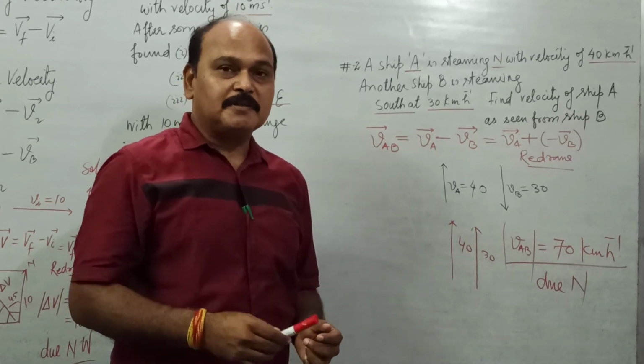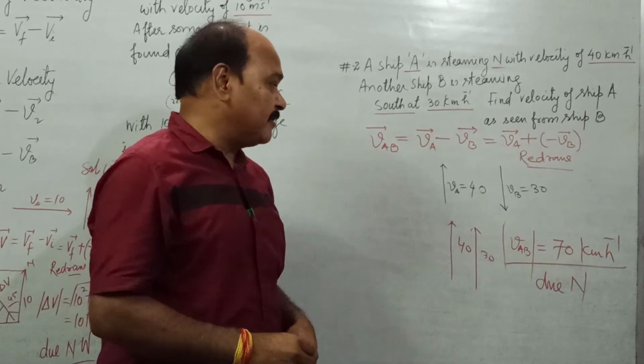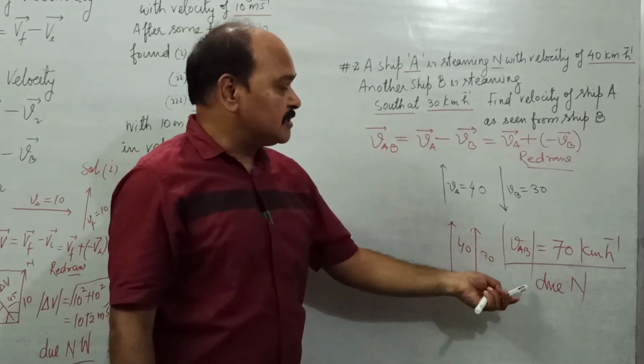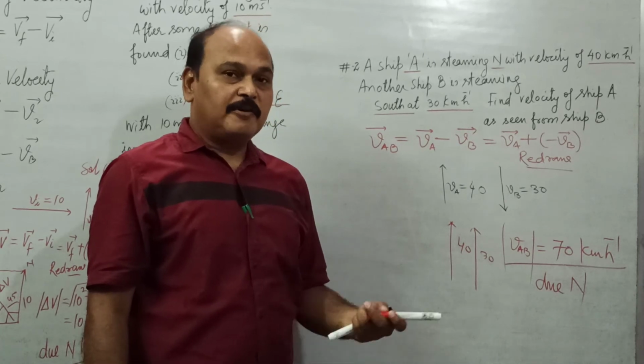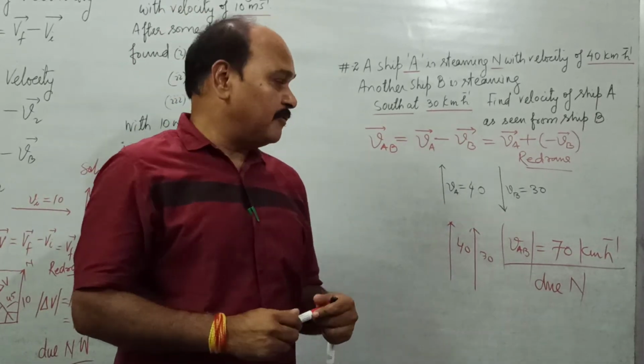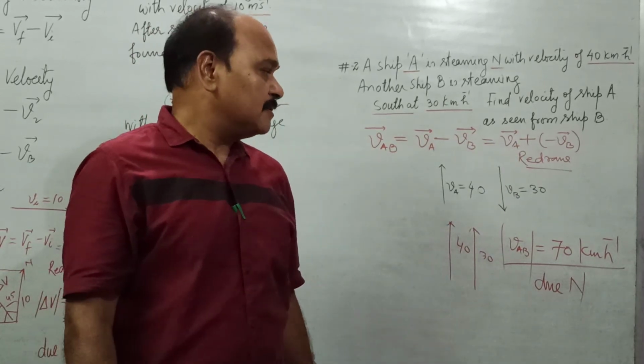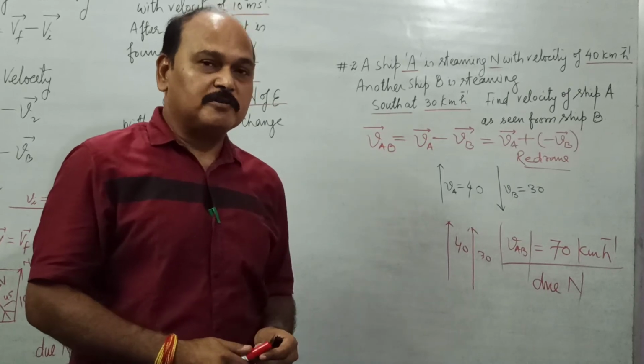This is the assumption. Everyone in ship B is going to conceive the same velocity. The velocity of ship B would be conceived as 0, and the velocity of ship A would be found to be 70 km per hour due north. This is what relative velocity is.